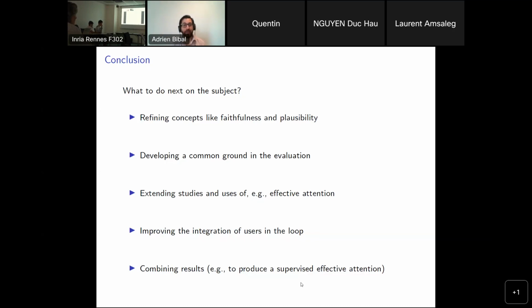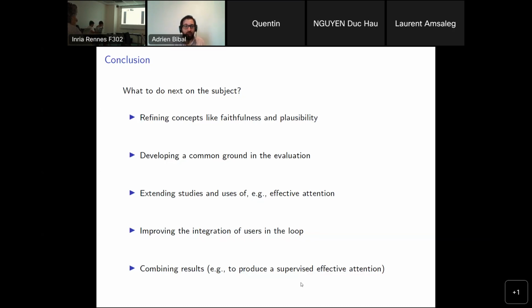Yeah, that's right. In fact, that's partially right. Some papers, as you said, are saying in some cases it can be explanation, but in other cases it's not. But there are very few papers that are saying, okay, in our experiments, it shows that attention is explanation.